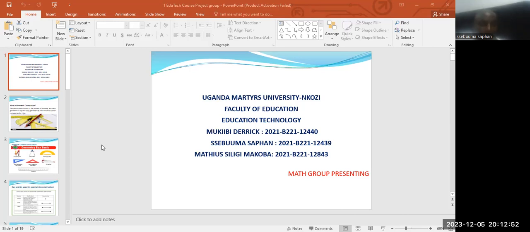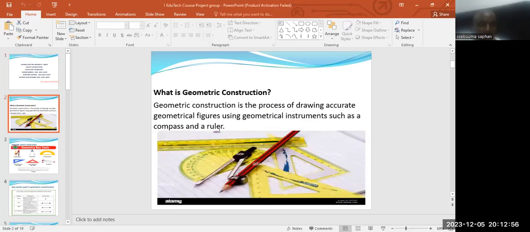So that brings us the topic that we are going to be concentrating on, and that topic is geometric construction skills. As you can see, geometric construction skills is all about drawing accurate geometric figures using geometric instruments such as the compass and the ruler.